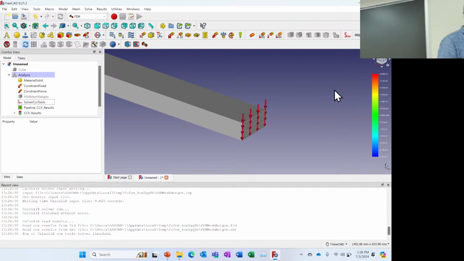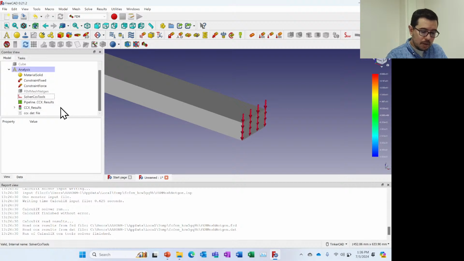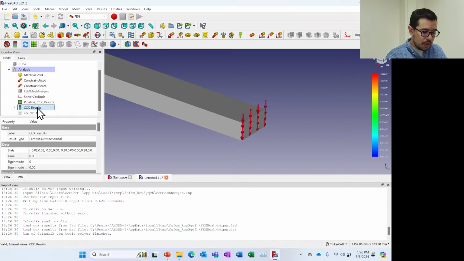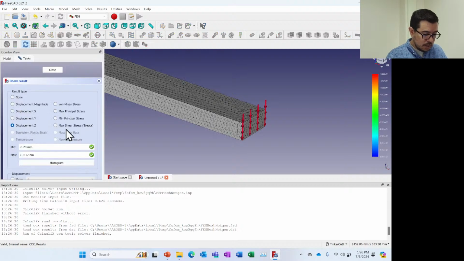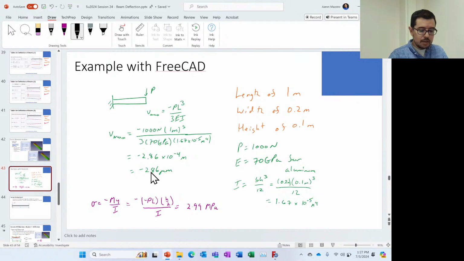That was the case here: as I compared it to my analytical model, I realized that something was not right. Maybe I had put in a material property incorrectly, maybe a force incorrectly into the system. Okay, so now, here we go. If we look at the displacement, it says minus 0.28 millimeters, and that is close to the minus 0.29 millimeters that I got there. Okay, any questions on that?